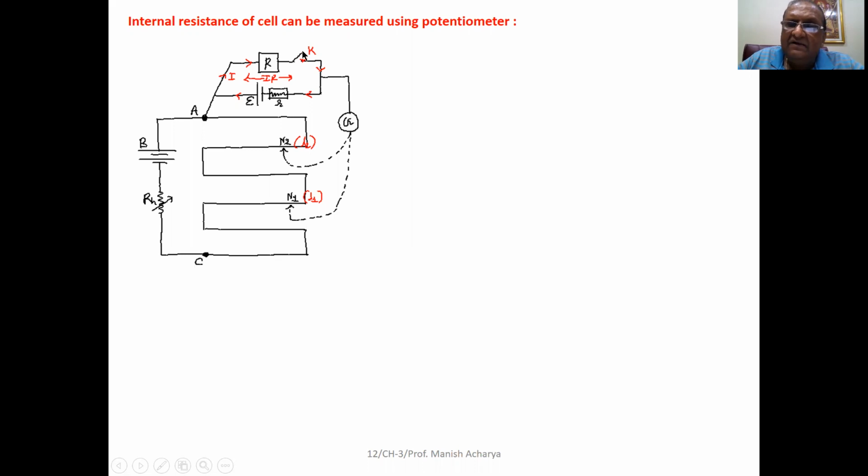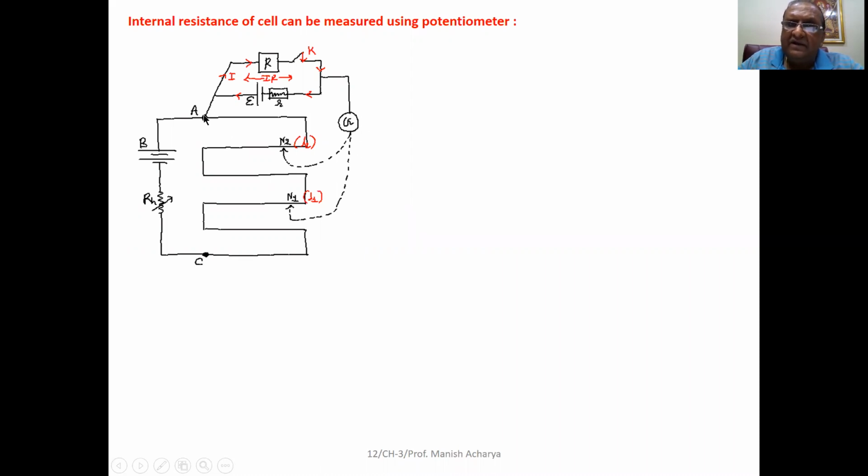And with that, one key is also connected. Now, first you have to keep this key open. When the key is open, we can say R is not in the circuit. It is open circuited. And now find out the null point.